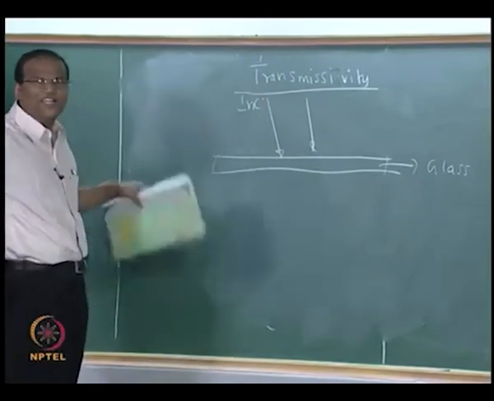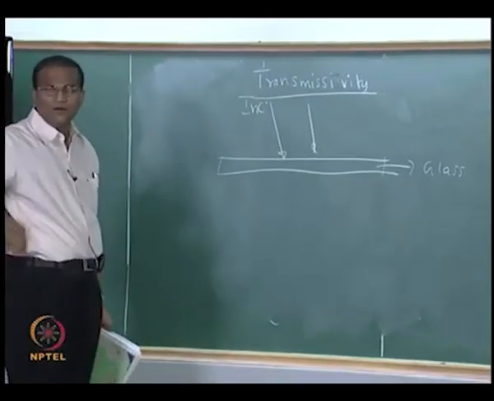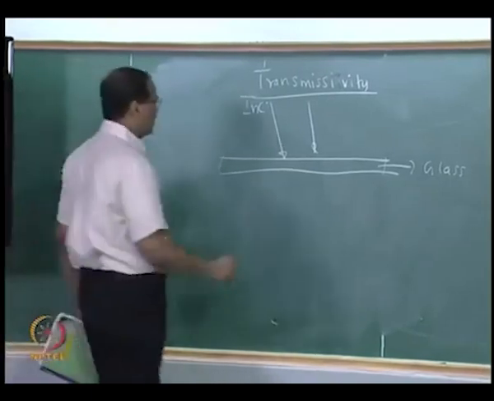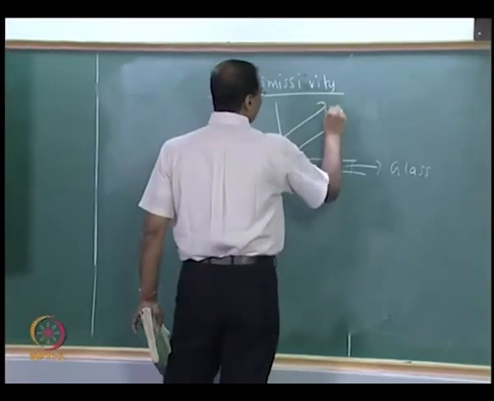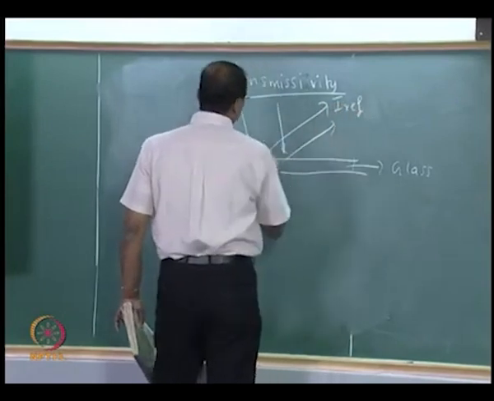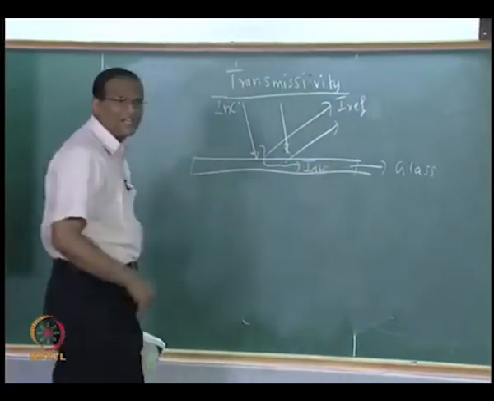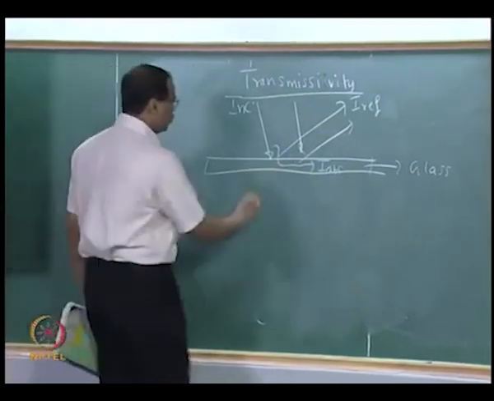So what is the fate of the radiation which is falling on this? Don't worry about the emission. What can happen to this? Reflected, okay. Then absorbed, it goes inside. Now as far as glass is concerned, it is not opaque, so some will go through.